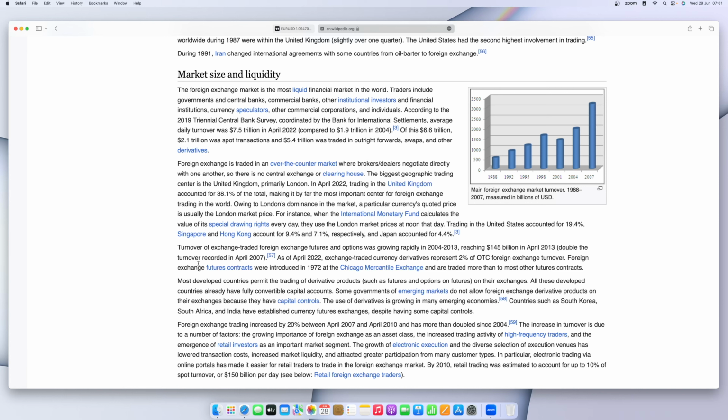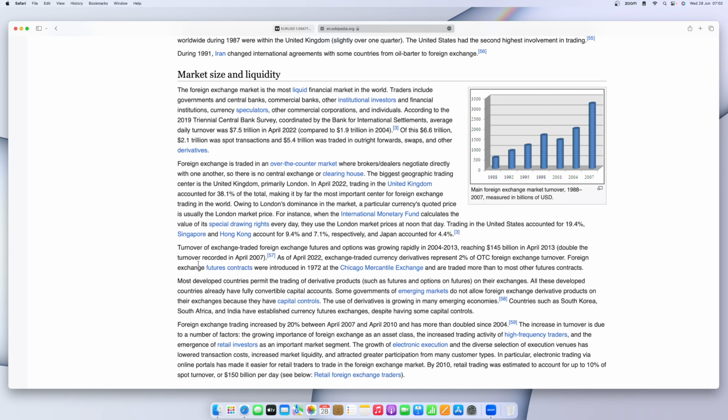As of 2004, the daily turnover was $1.9 trillion. But within the space of 2004 to 2022, which is last year, the daily turnover in the Forex market has increased from $1.9 trillion to $7.5 trillion. This is a lot of money in circulation every single day.